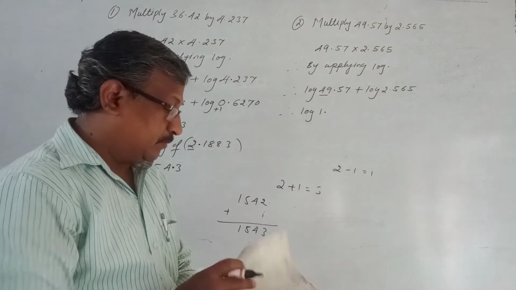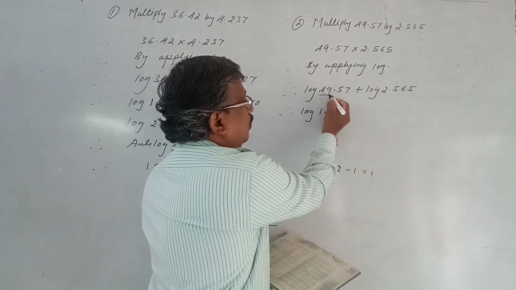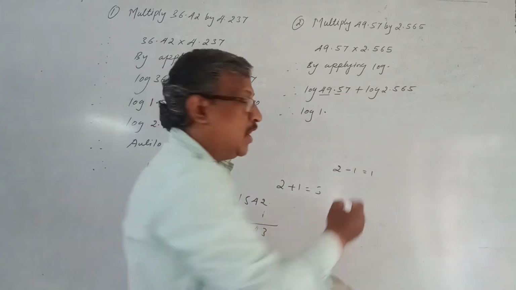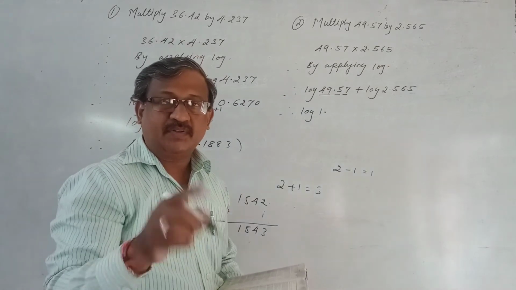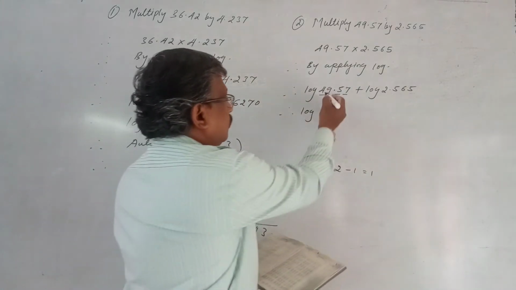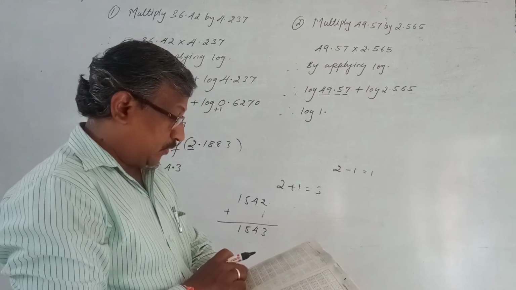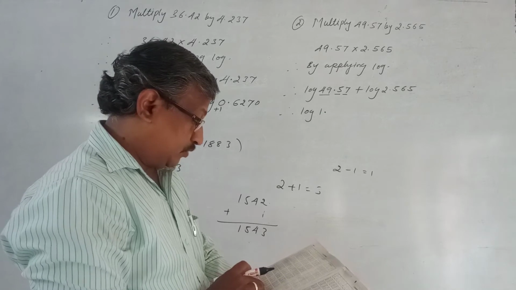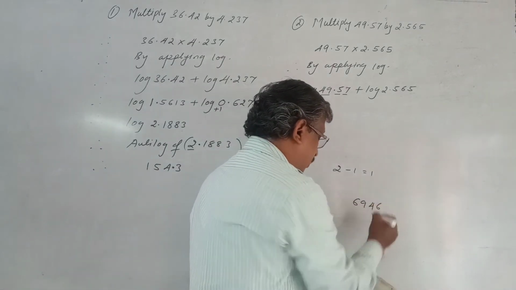So in the logarithm table, now how you have to read this number? In the first column you find the number 49. In the same row you see which column? 5th column. And in the same row you see mean difference, which column? 7th column. And what mean difference comes? It is always added. So see 49, 5th column in the logarithm. If you see, it comes to 6946.